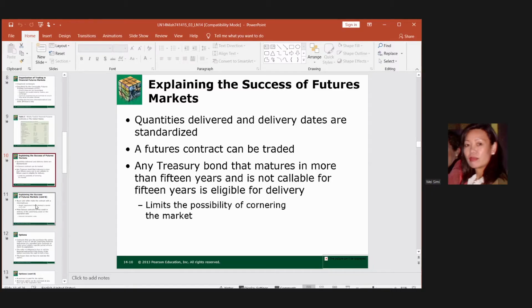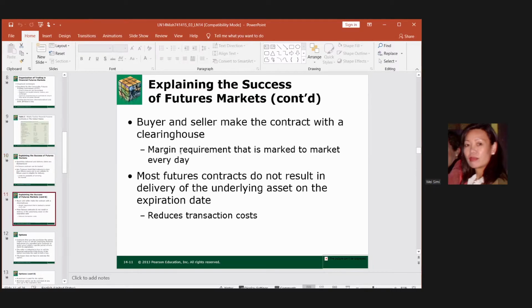Okay. All right. So they still tell you it's successful, right? The buyer and seller make the contract with a clearing house. Like I said, the treasury futures market, Chicago Exchange, is a huge market. So they are working very well. They have margin requirements. They do the clearing. They mark to market every day in your account, telling you whether you are short of the margin requirement.